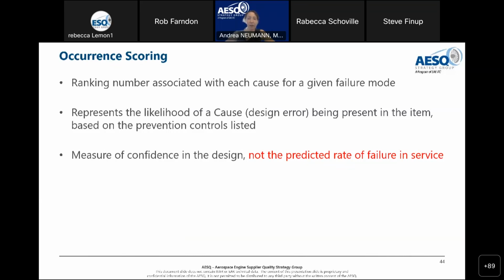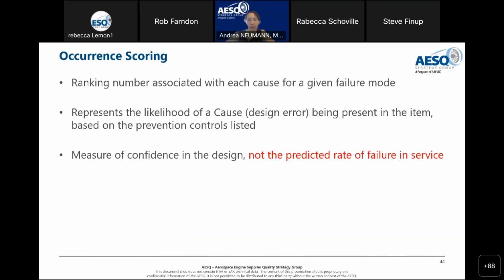It represents the likelihood of a cause, but it is not like for FMEA, for example, that you define a probability. It's more that you define how sure you are that the cause is not in the design, depending on the prevention controls you listed there.